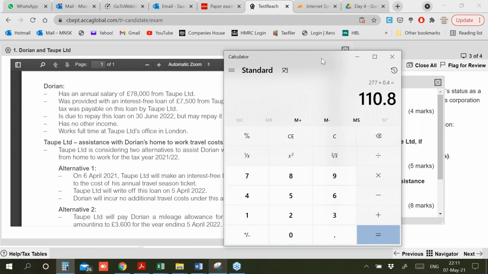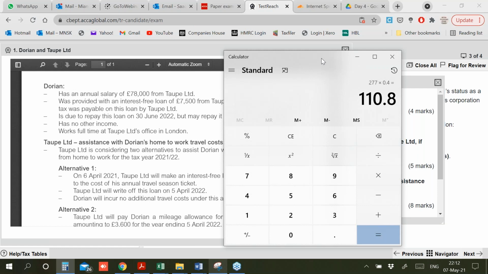However, if you remember to include it, you can discuss that the first 2000 will be taxed at 0% and the remaining at 32.5%. If you forgot, you lose 0.5 mark or 1 mark for that. However, you'll score the remaining marks by telling that if the company writes off, because the company is planning, obviously, to give him the money, he will not be paying back for this traveling cost. So the company will obviously write it off. So if the company writes it off, it will be treated as a dividend.